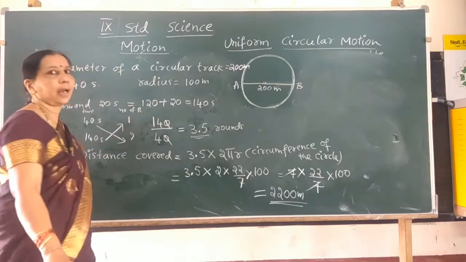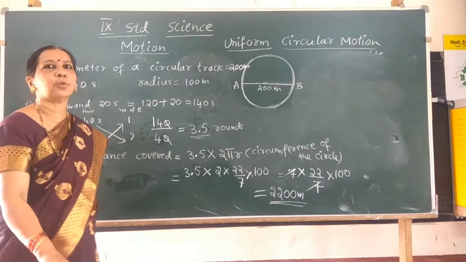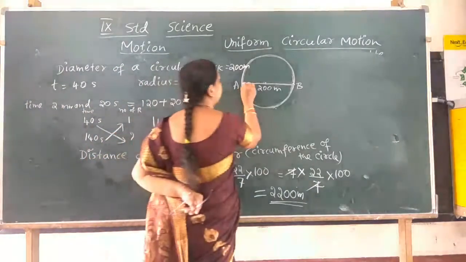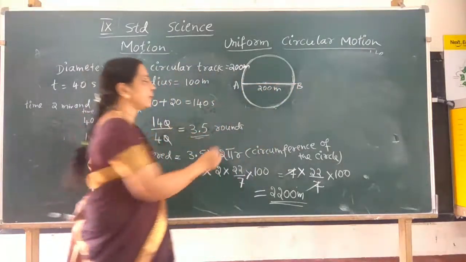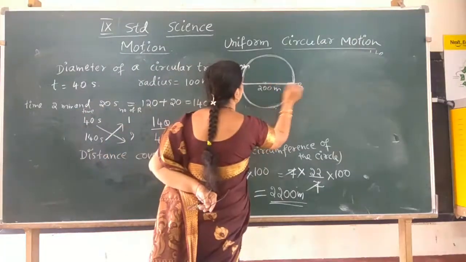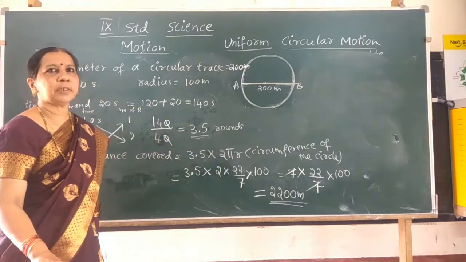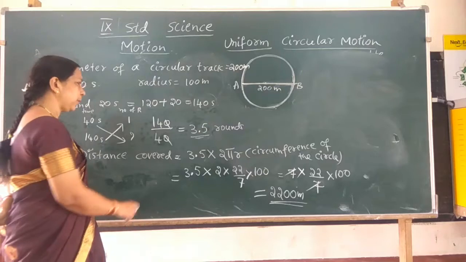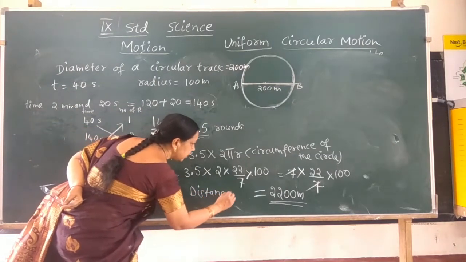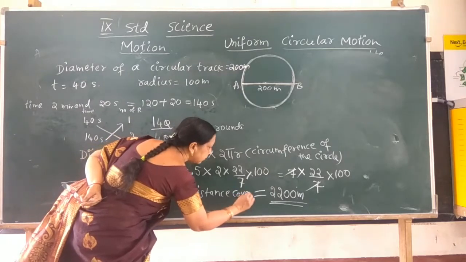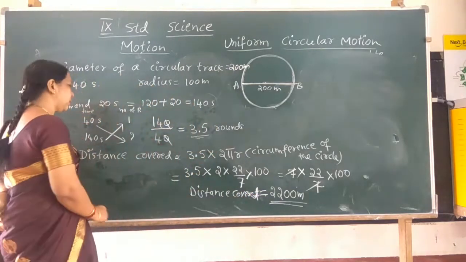And displacement is also asked. What is the displacement? Without working out you can tell. Displacement is the shortest distance covered. Which is the shortest distance covered? Look here, the diameter is 200 meter. So the displacement is equal to 200 meter. Now the distance covered is 2200 meter.